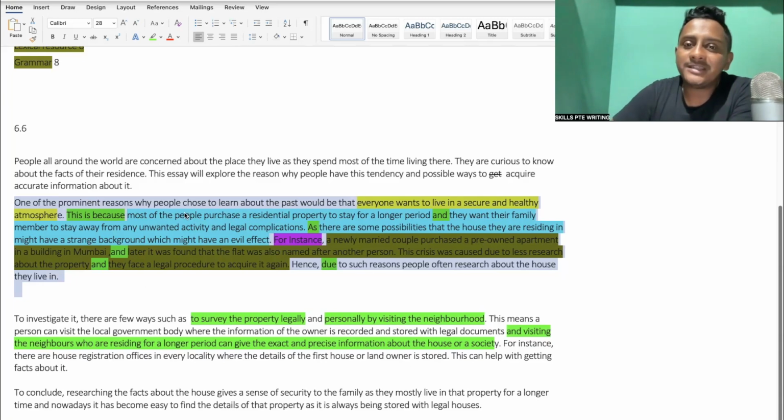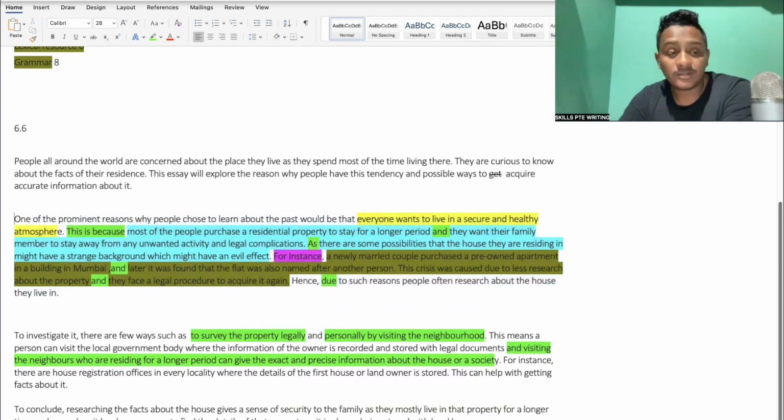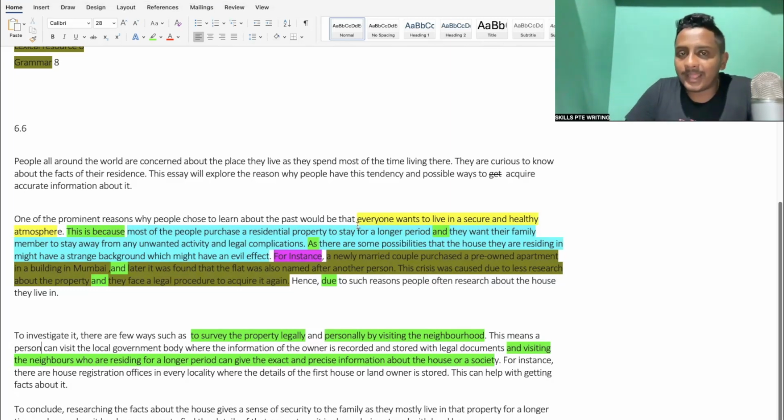Like, to be on the safer side, writing just one idea is a very wise thought. You could give all the time and thoroughly write them step by step, and still 5 6 sentences you can write. One idea is more than enough, and here as well, one reason is more than enough. But write with this. See here, I have highlighted yellow.